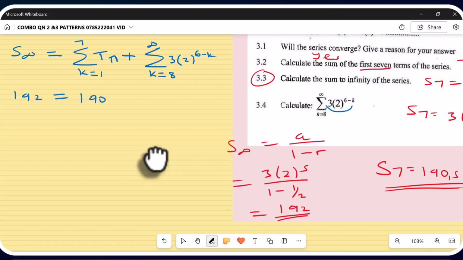Now to get my T3, I'm going to say T3 minus T2 should give me the small T2 here. I know T2 is 10. So T3 minus 10 should give me the small T2, whereby k I'm going to put a 2 now.